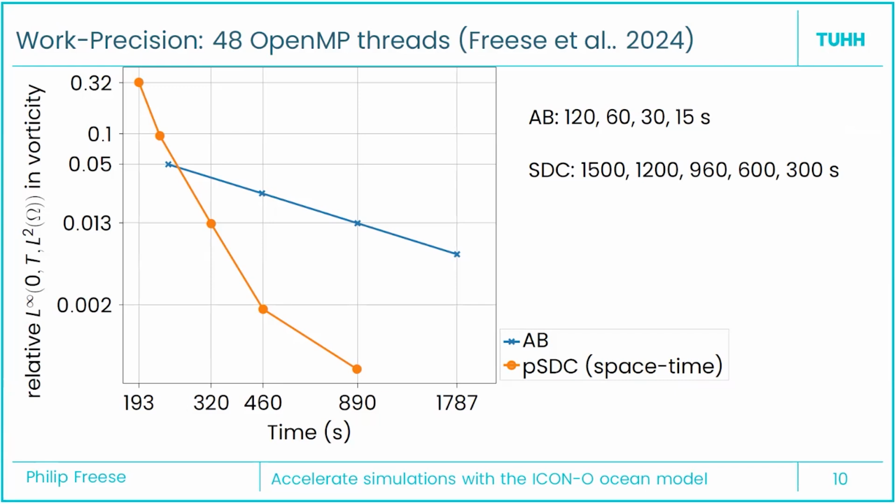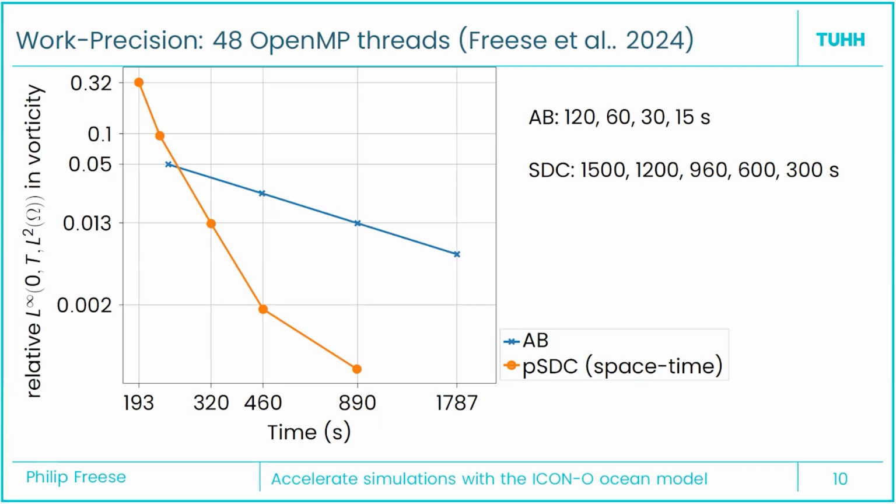You cannot go further to the left. So this is the last time step that is still stable. But well, you see, if you are interested in an error of 5%, well, you should still use Adams-Bashforth. I'm confident that we will beat that eventually, but so far we cannot.